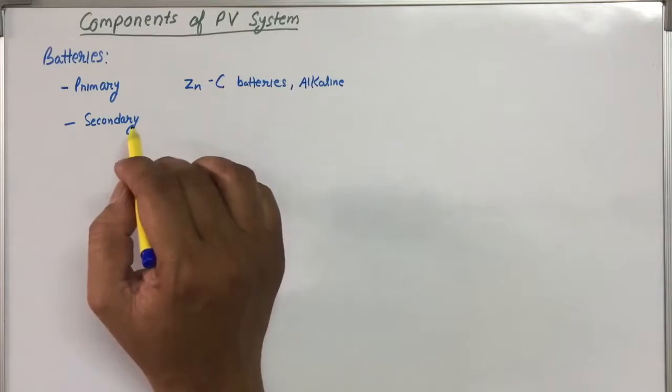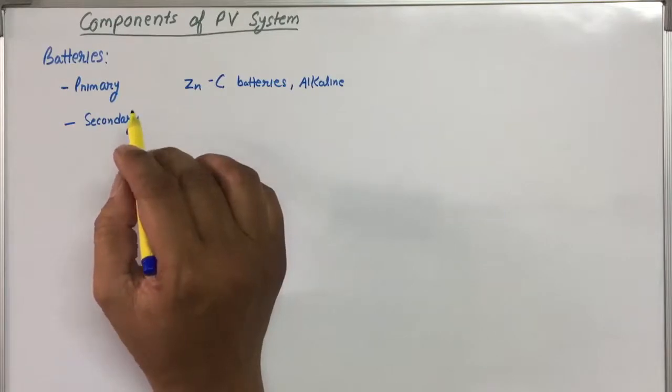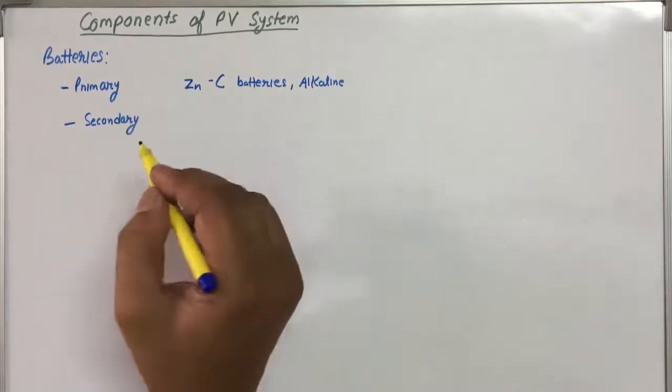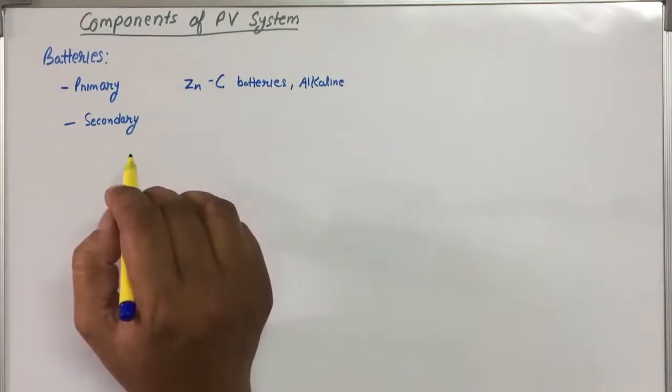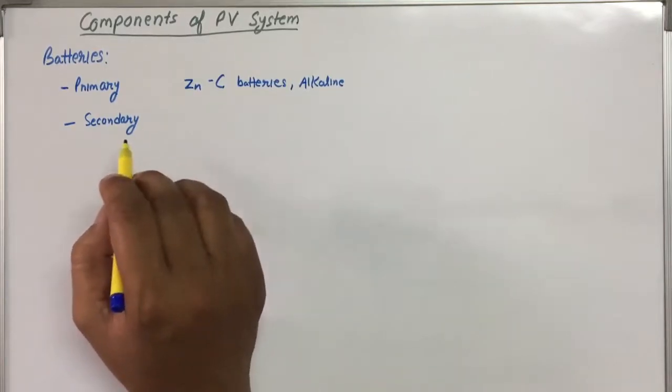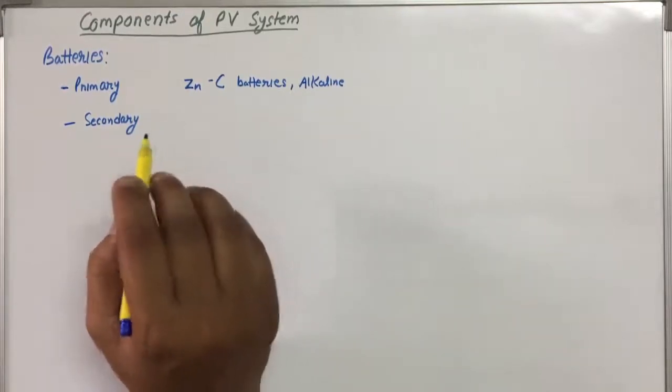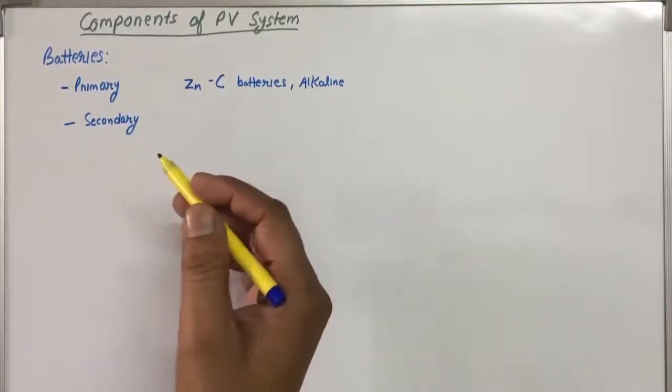The second is the secondary type of battery, in which the excess electrical energy can be stored. Thus secondary batteries are the possible storage systems to explore in our PV system.